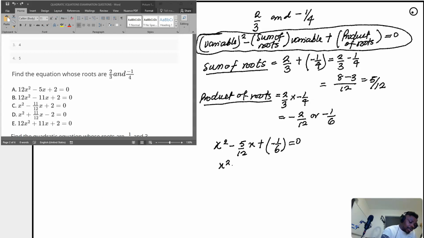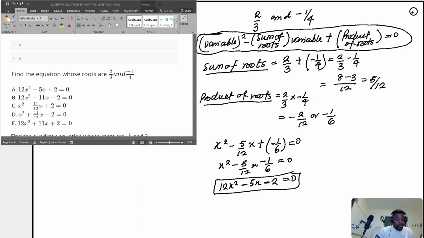So x squared minus 5 over 12 x minus 1 over 6 is equal to 0. We can, in this case, multiply through by 12. So this is 12x squared minus 5x minus 2, if you multiply through by 12.